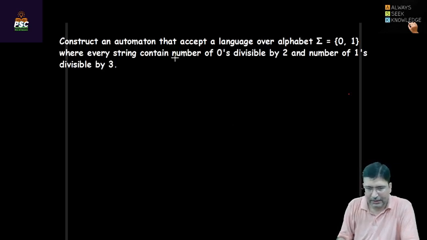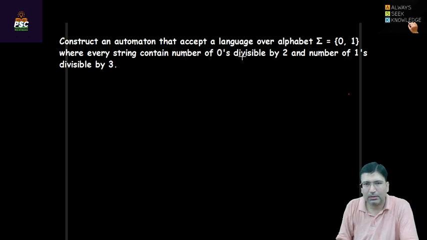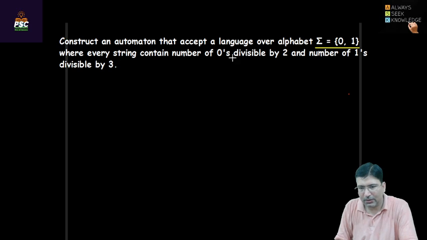Let's say there is a language for which I'm asking you to construct an automata. That language is defined over the alphabet {0, 1}. Here every string in this language either contains zeros divisible by 2 or ones divisible by 3.